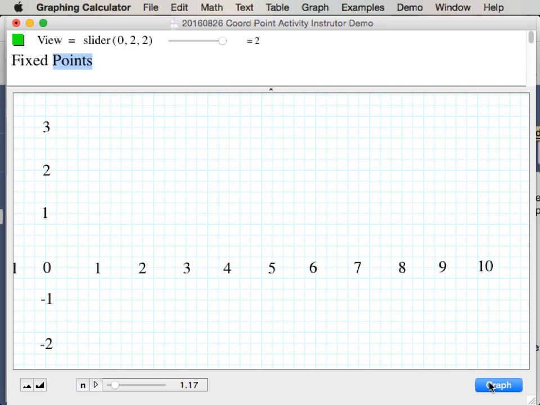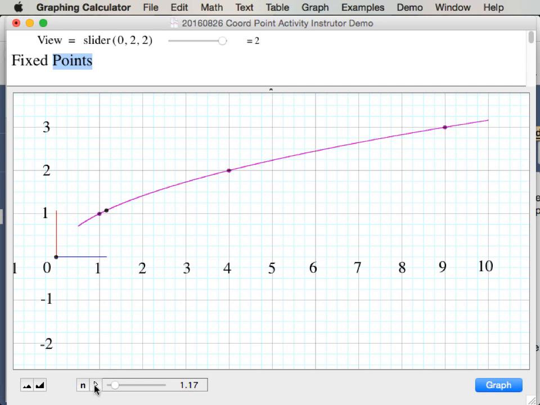Okay, now if you notice on my graph, there's something else. First of all, before we talk about you reproducing it, what is it? What might its purpose be? So I've got a blue segment and a red segment. Yeah, Jessica. Right, exactly.